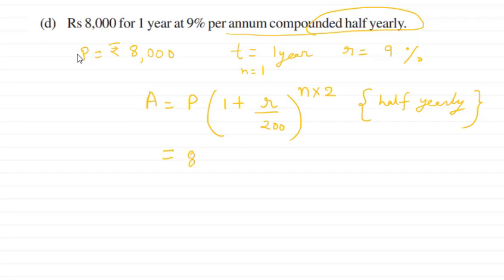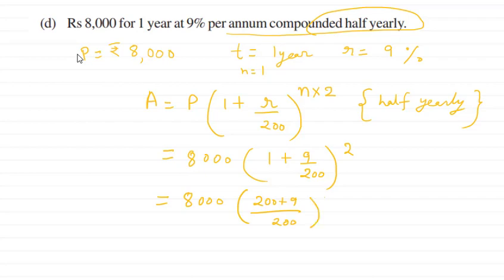So here we can write the values. P is 8,000, then 1 plus R, given 9 by 200, and the time is 1 year, so 1 into 2 will give you 2. Now we can calculate this one. Here you can't cancel, so you can take the LCM directly and solve it. It will be 200 plus 9 divided by 200 whole square.